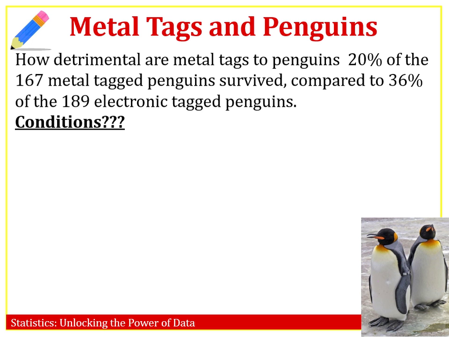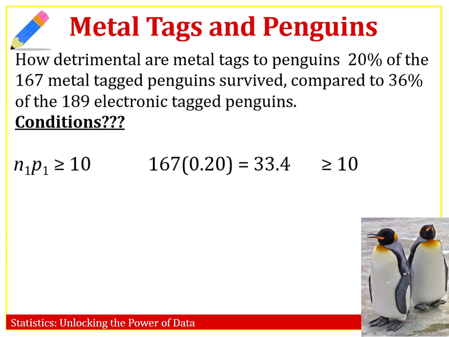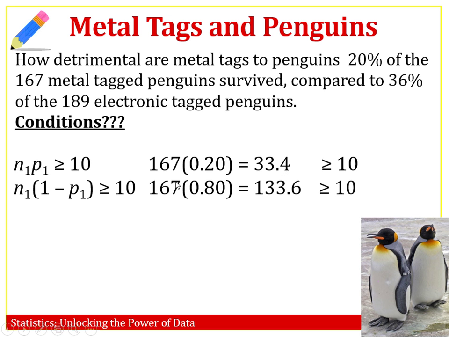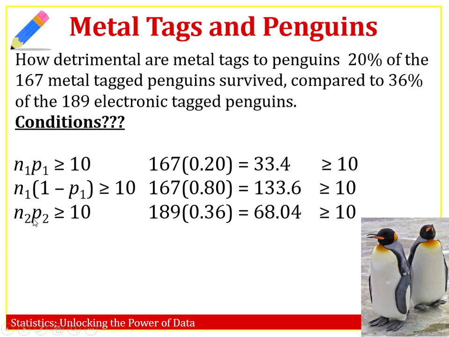So we need to make sure that we are meeting our conditions. We have to take our sample size times our proportion, which has to be greater than or equal to 10, which it is. And then we look at the sample size of 167 times 1 minus that. Is that greater than or equal to 10? Yes, it is. So then we try the next one.